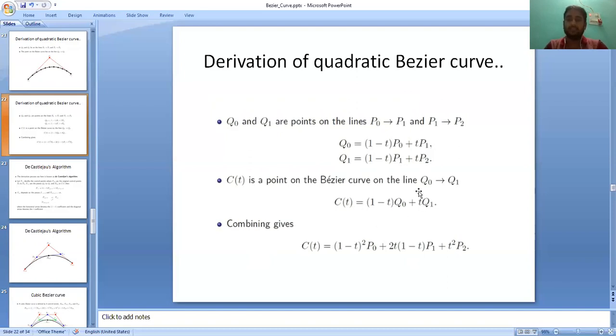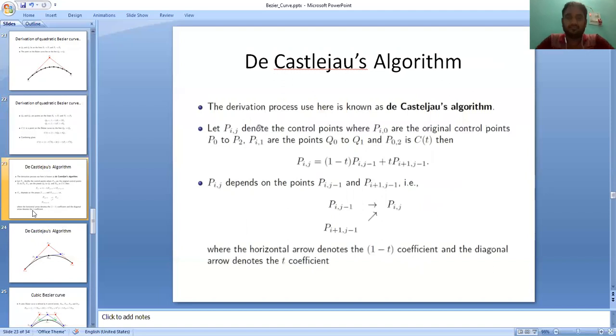So this equation can be written as C(t) equals (1 minus t) Q0 plus t Q1. Combining both equations, when we calculate C(t) in terms of P0, P1 and P2, we will get this equation. Now substitute Q0 here and Q1 here, and we will get this equation. This derivation is according to de Casteljau's algorithm.